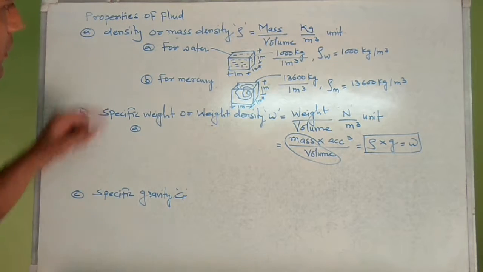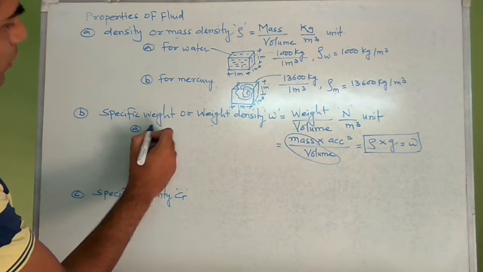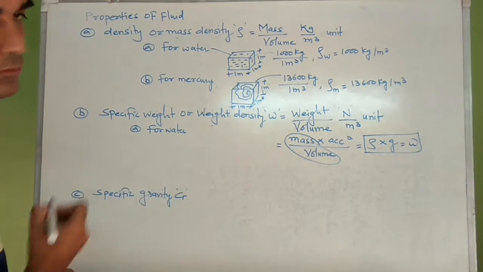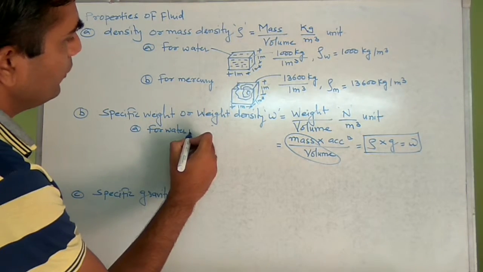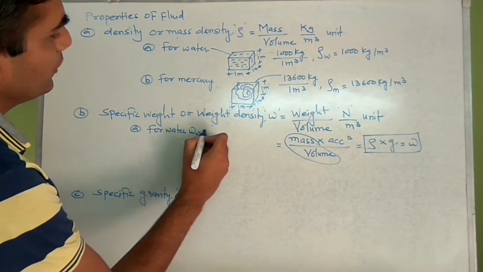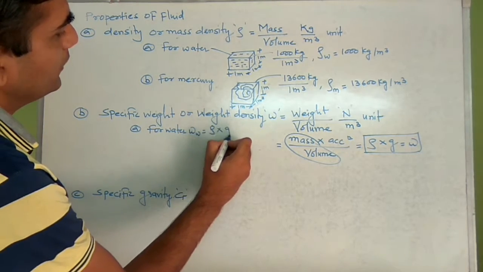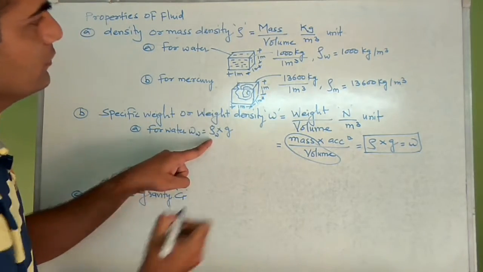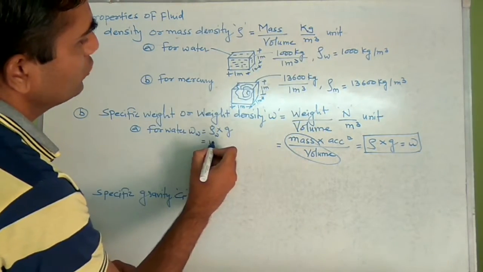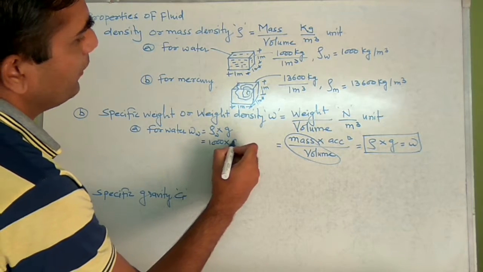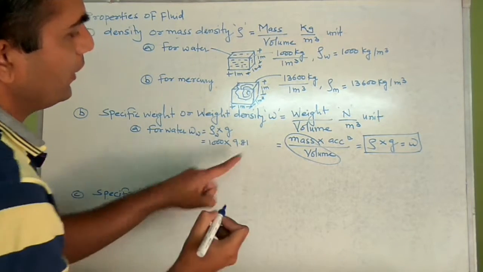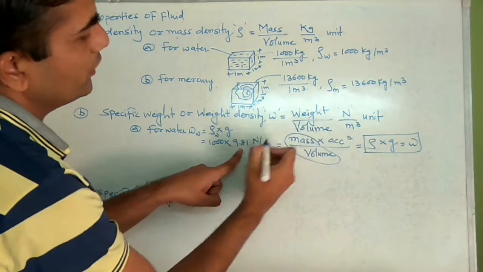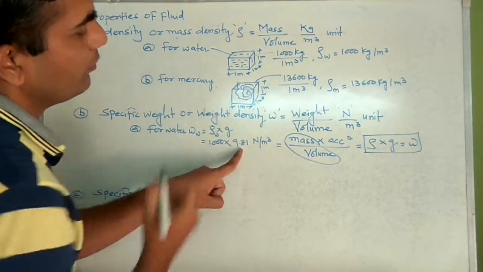Again we'll take the same example for water. Now we are calculating specific weight of water, which is equal to rho multiplied by g. So density of water is how much? 1000. 1000 multiplied by 9.81, and this is weight density, so unit of weight density is newton per meter cube.